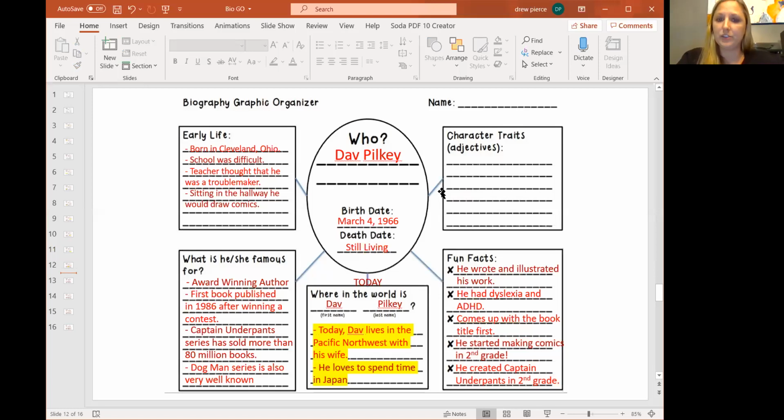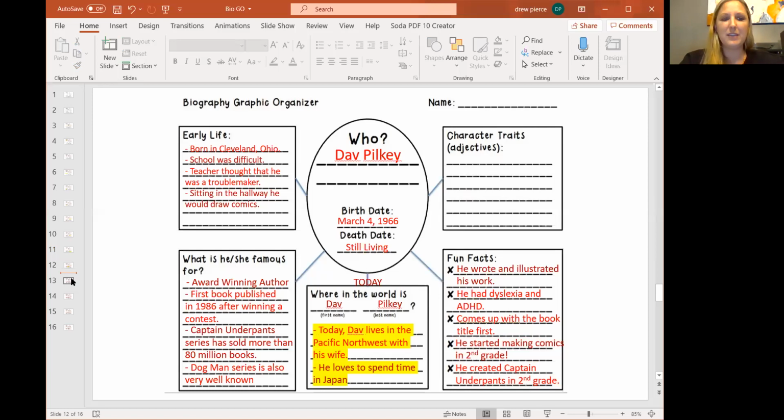Up here on character traits, after I've read all my information, these character traits are adjectives that describe the noun, right? So adjectives are words that will describe Dave Pilkey, but not just describe what he looks like, describe his character, the way he behaves, his personality.